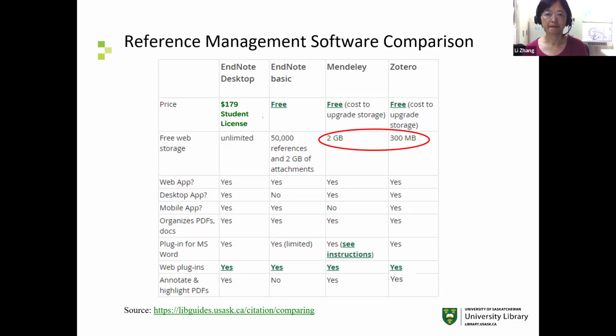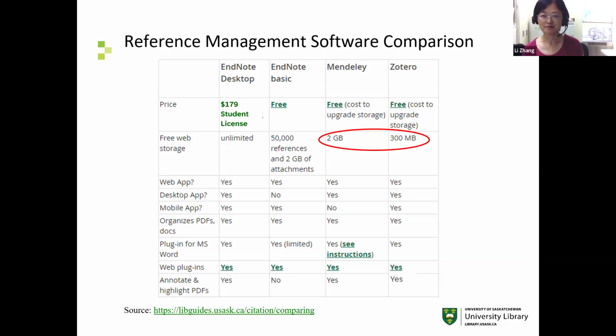EndNote has two versions. One is EndNote Desktop, one is EndNote Basic. As it said, Basic is free, but the function is very limited. EndNote Desktop asks you to pay $179. As a student, probably we don't want to pay because there is free software available. That's Mendeley or Zotero.